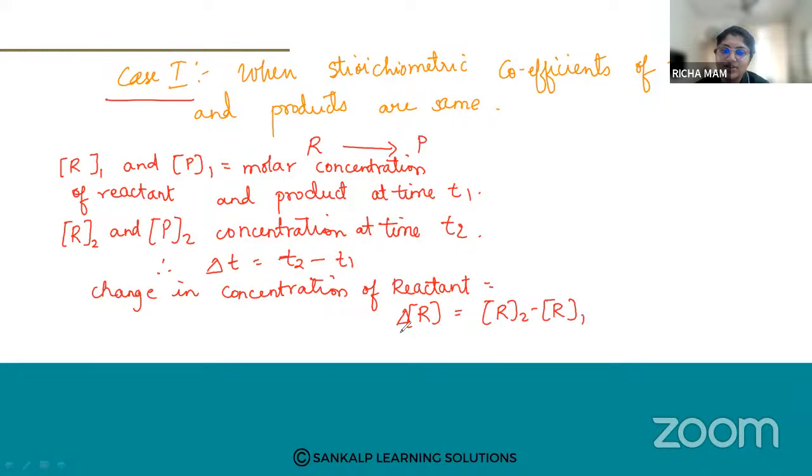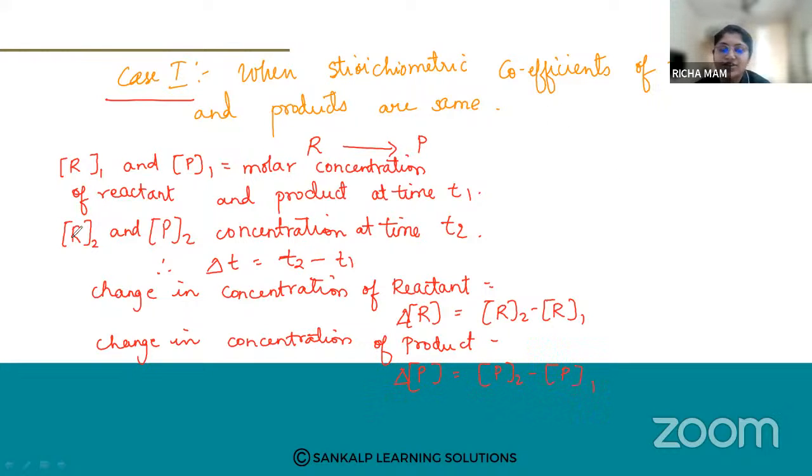Now let us find the change in concentration of product, delta P, which is given as P2 minus P1.